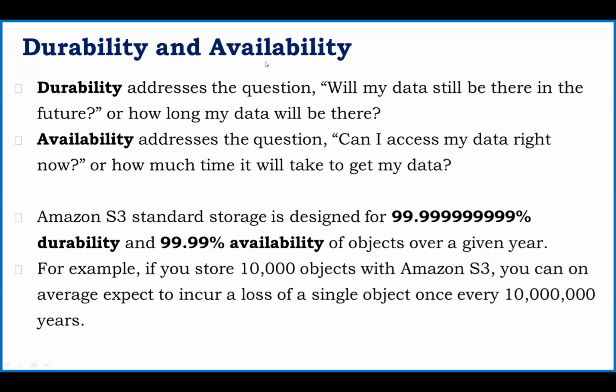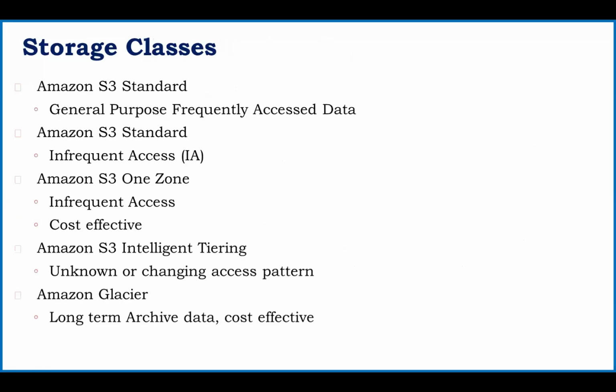Amazon S3 is created in such a way across their entire global regions that if there is a loss of data, it is recovered, even in a disaster. That kind of architecture they have created. For example, if we store 10,000 objects with Amazon S3, we can expect a single loss in more than 10 lakh years. This is how they claim.